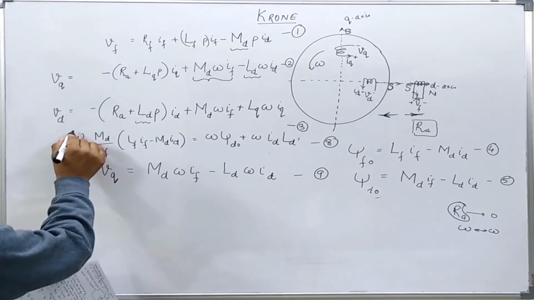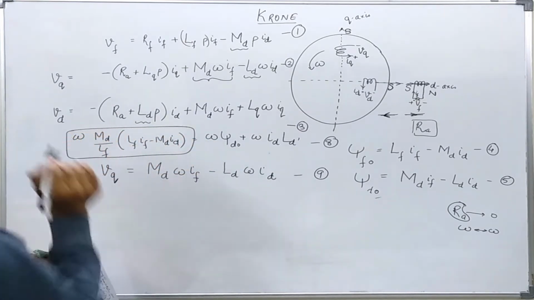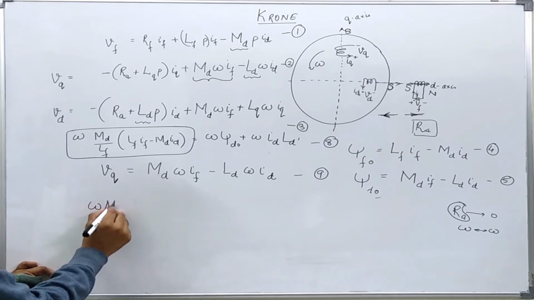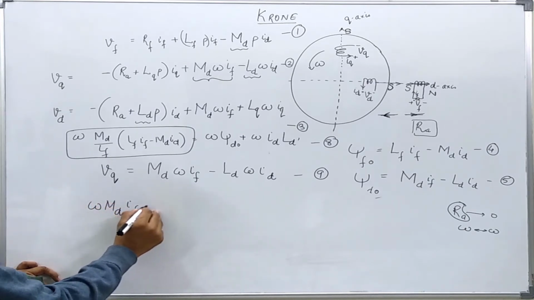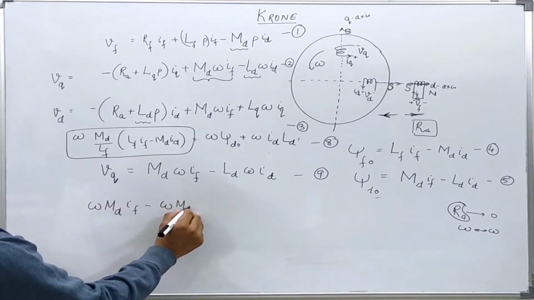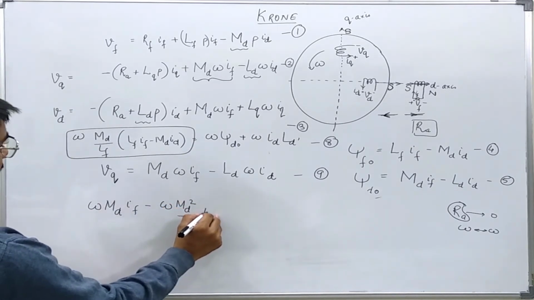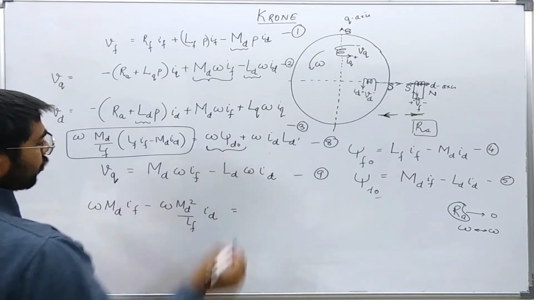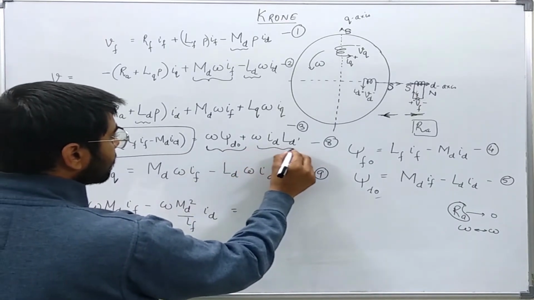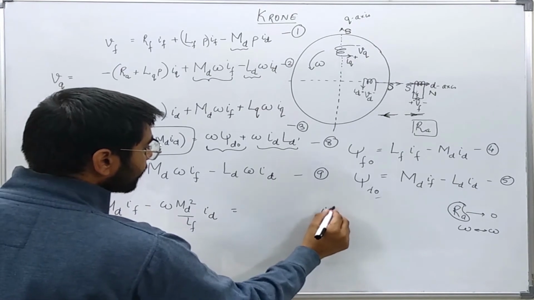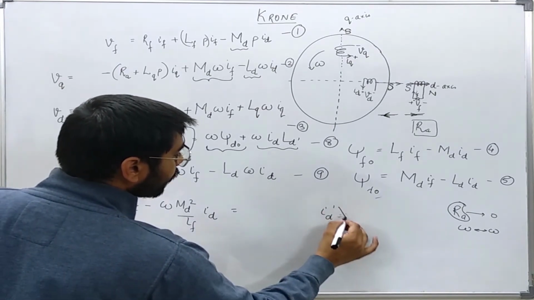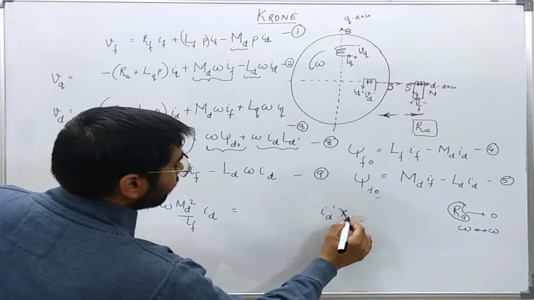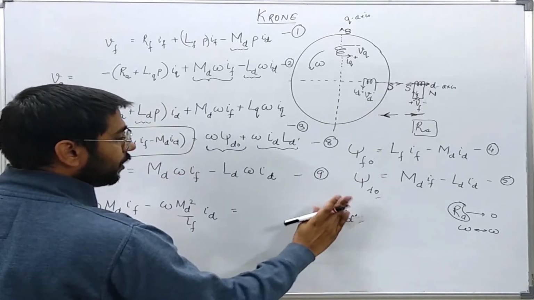Now I will try to expand this. You can see that LF will cancel out, so it will be omega MD IF minus omega MD square over LD ID is equal to, now this is omega psi D naught and this is ID into XD dash.